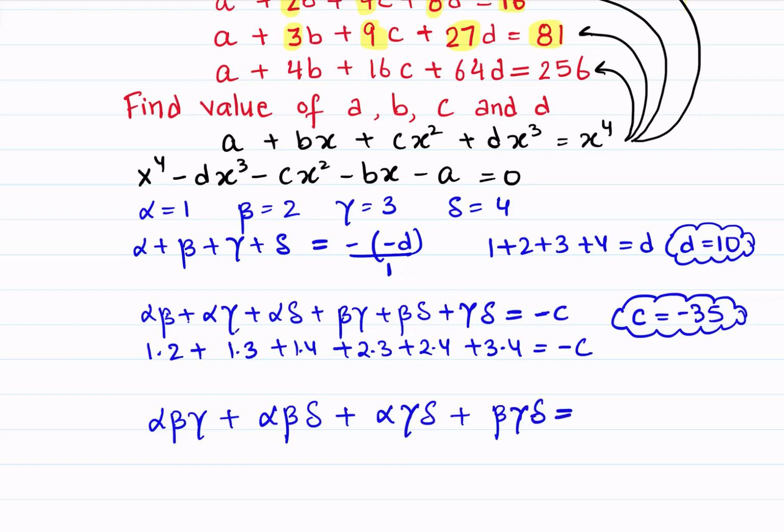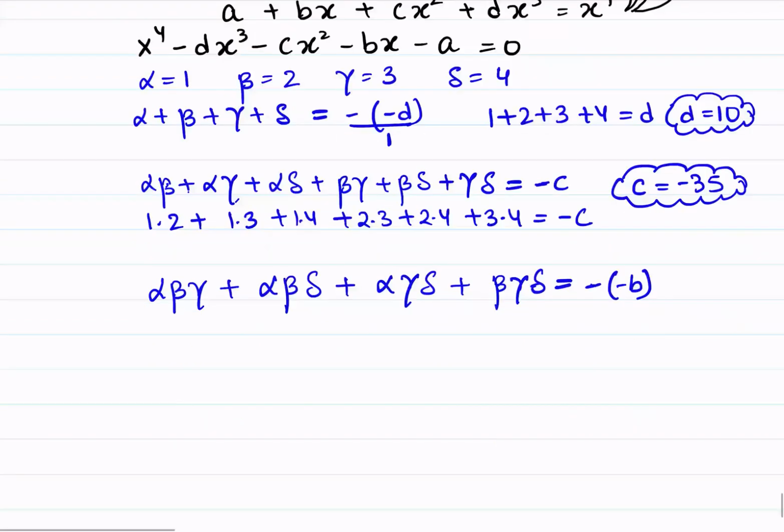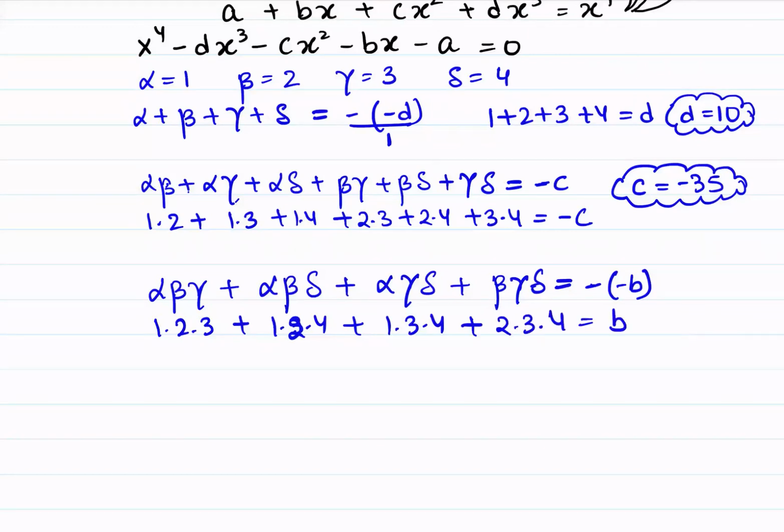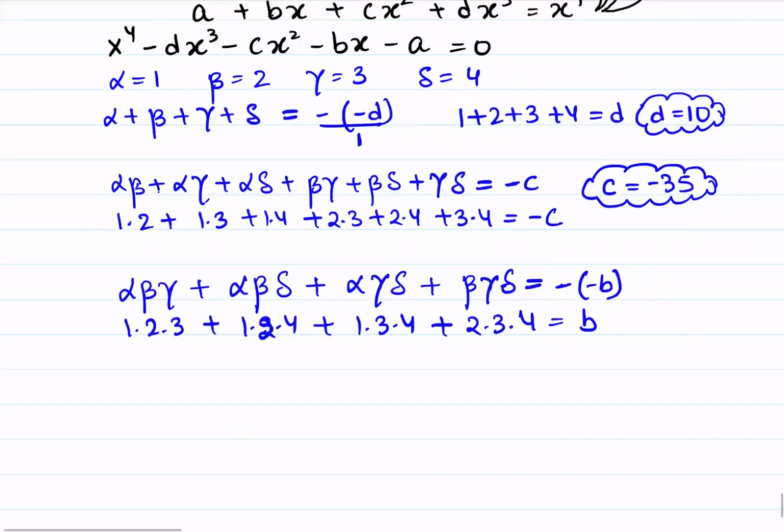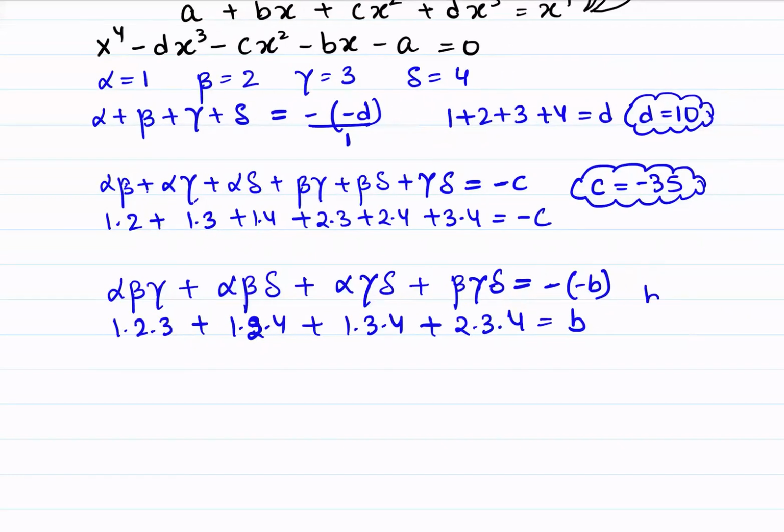This is negative of coefficient of x upon coefficient of x raised to power 4. So putting the values here, we get 1 times 2 times 3 plus 1 times 2 times 4 plus 1 times 3 times 4 plus 2 times 3 times 4 is negative B. Solving it, we'll get the value of the third variable, that is B is 50.